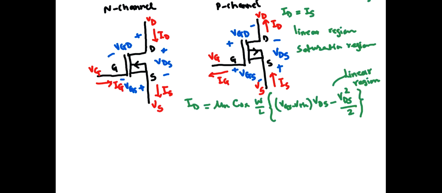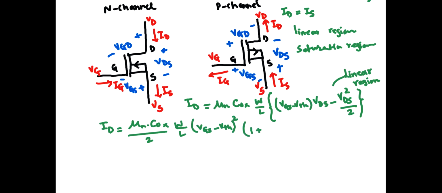We can write the expression of the drain current in the saturation region as shown: mu n into Cox divided by 2, W over L, (VGS minus VTH) whole square, in bracket 1 plus lambda in bracket (VDS minus VD sat), and bracket close. So this is the expression of the drain current in the saturation region.